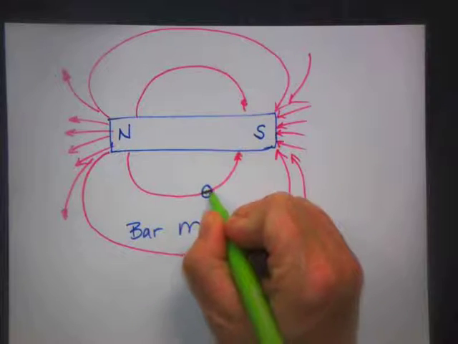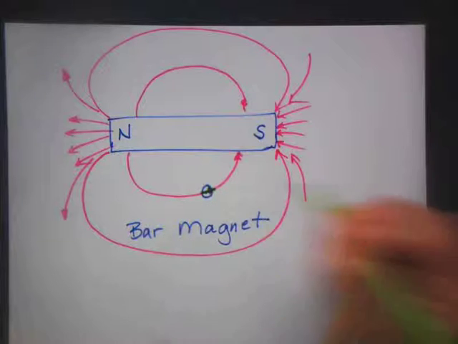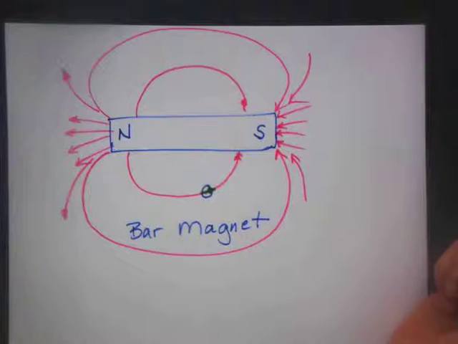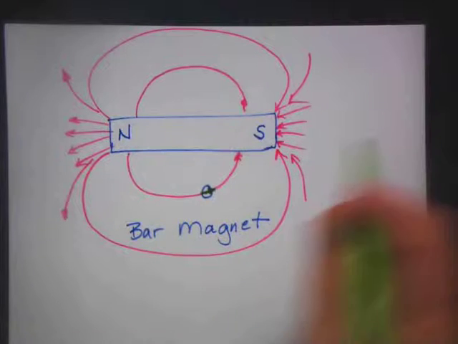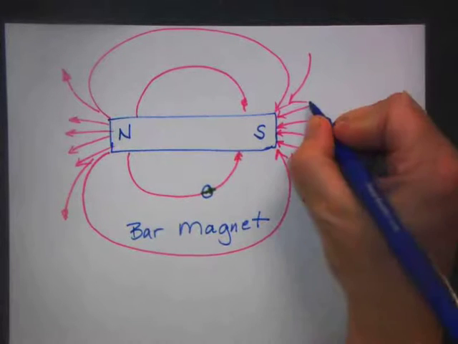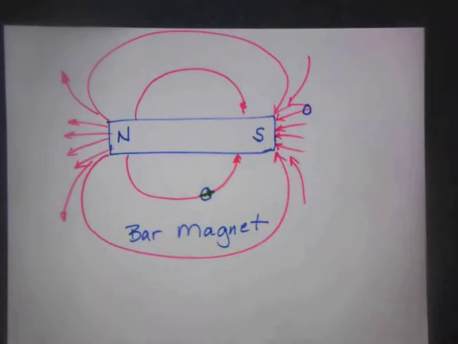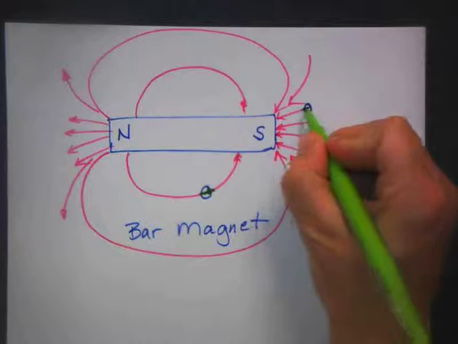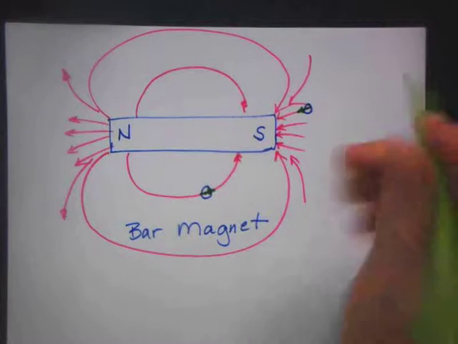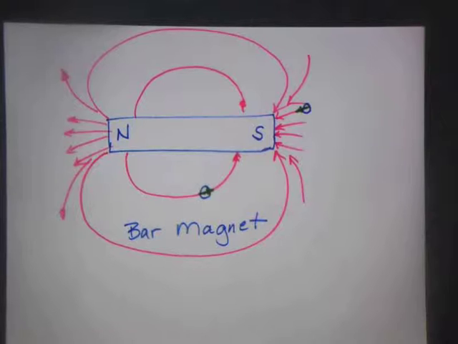So that's like a little compass. There's a pivot point, and it'll look like this. Okay? So it will align itself with the field lines. If I put another one here, it'll do the same thing. It'll align itself. I'm just drawing it a little bit bigger outside the compass like that.